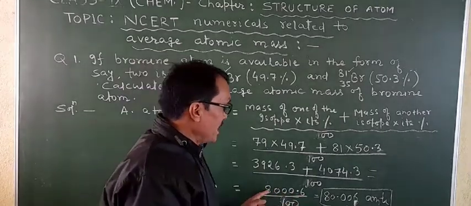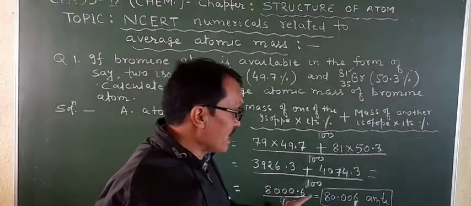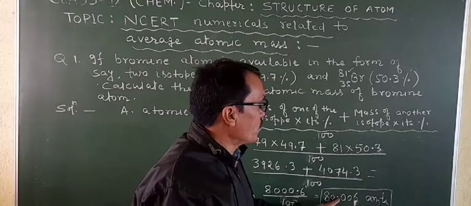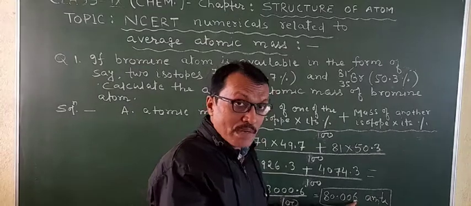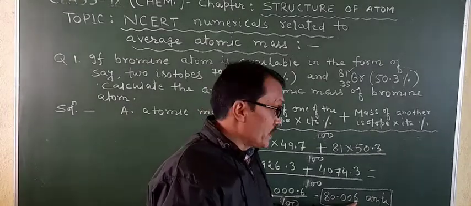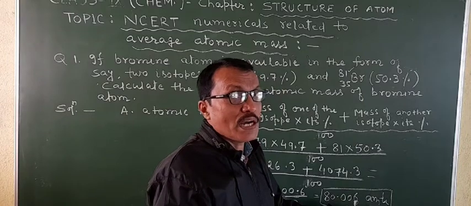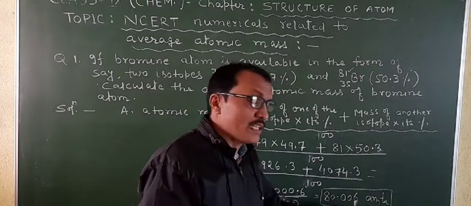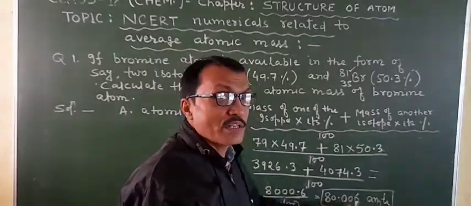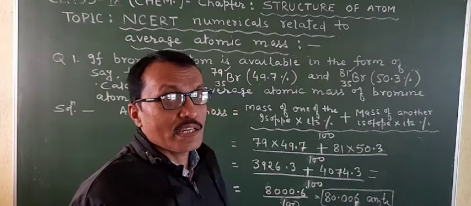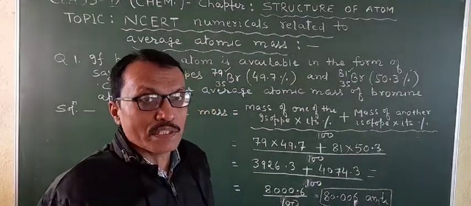Now if you divide 8000.6 by 100, the answer comes 80.006. As this is the mass of an atom, the unit AMU or u you have to write. So in this way, the answer of this question is 80.006 AMU, and this is the average atomic mass of bromine.